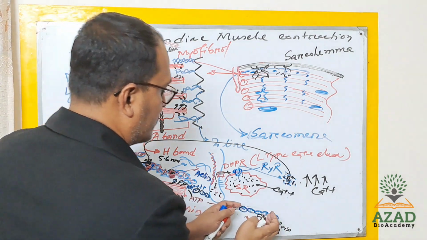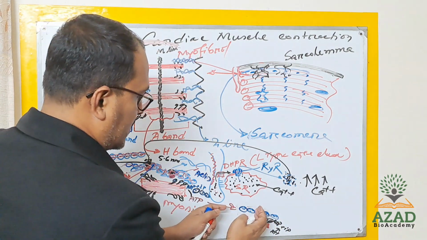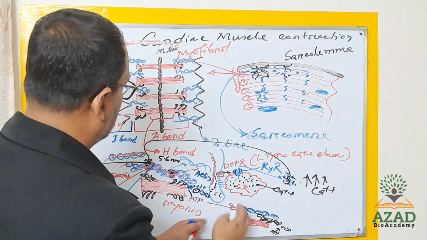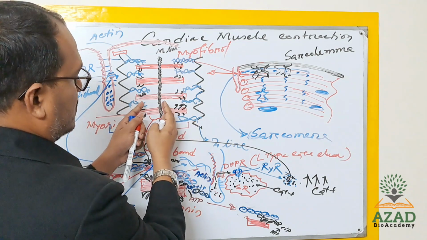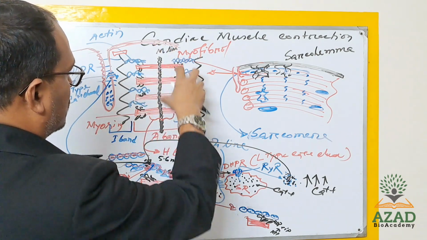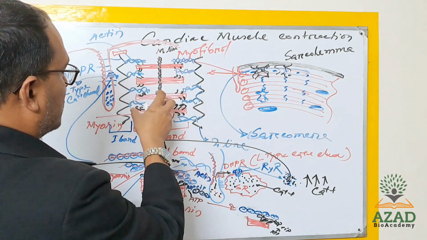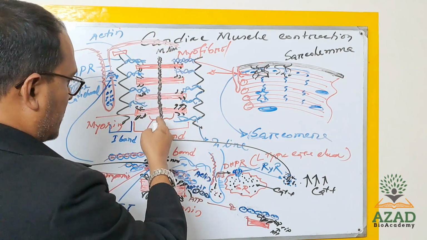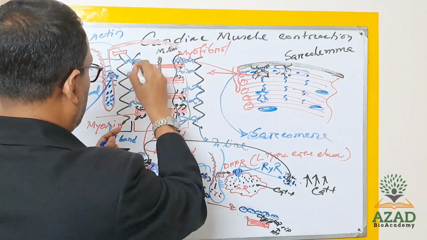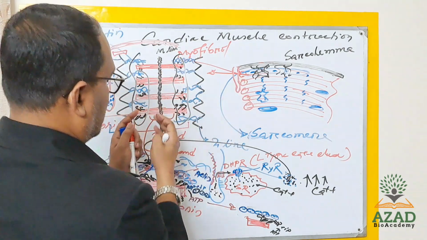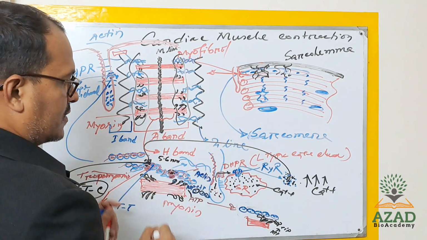And then what will happen? It will snatch toward the center of the actin-myosin complex. In the sarcomere, the middle part, the M line, it will try to stretch toward that part.